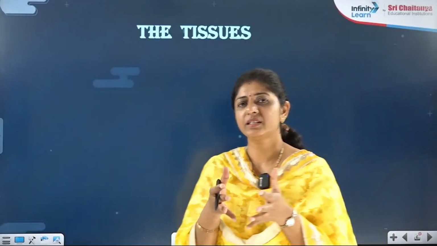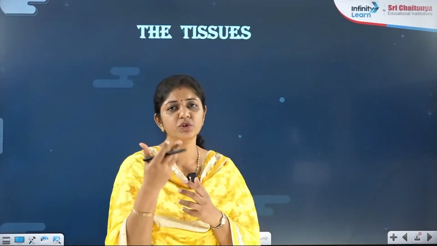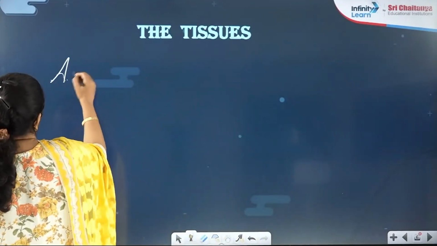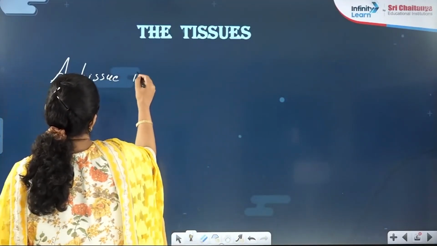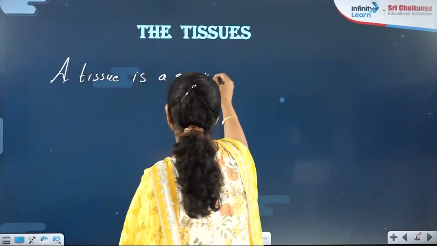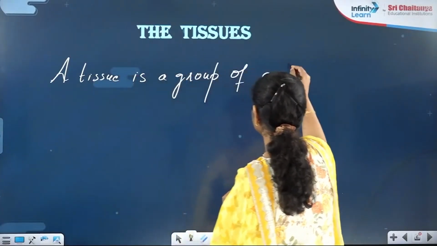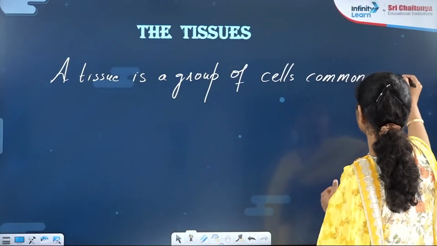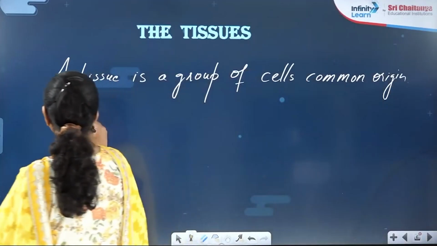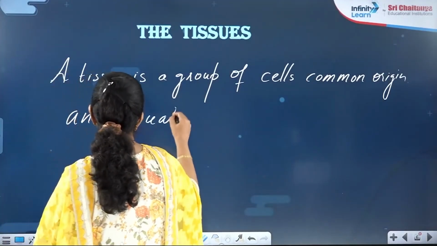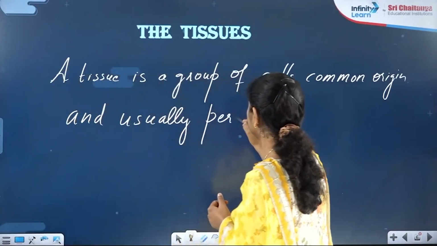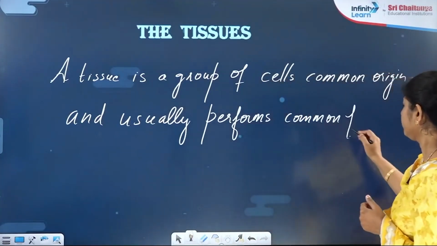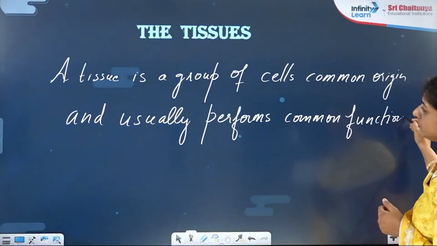I said when the cells come together, they form the tissues. Means what aspect? Can I say a tissue is a group of cells which have a common origin and usually perform a common function.